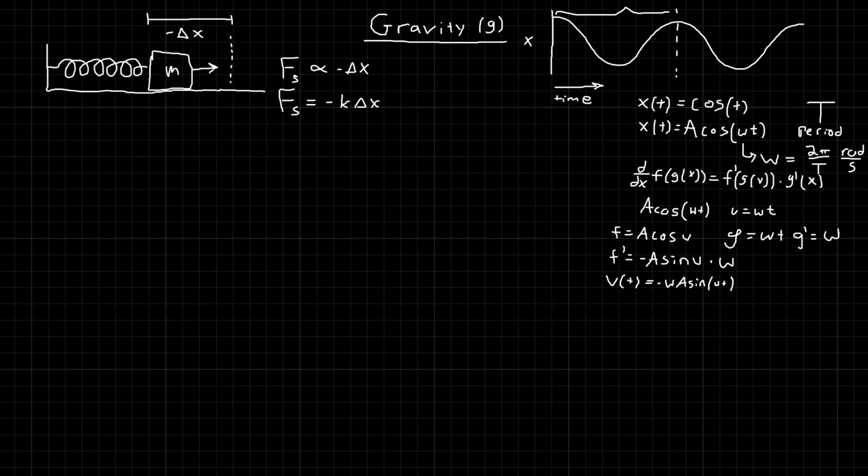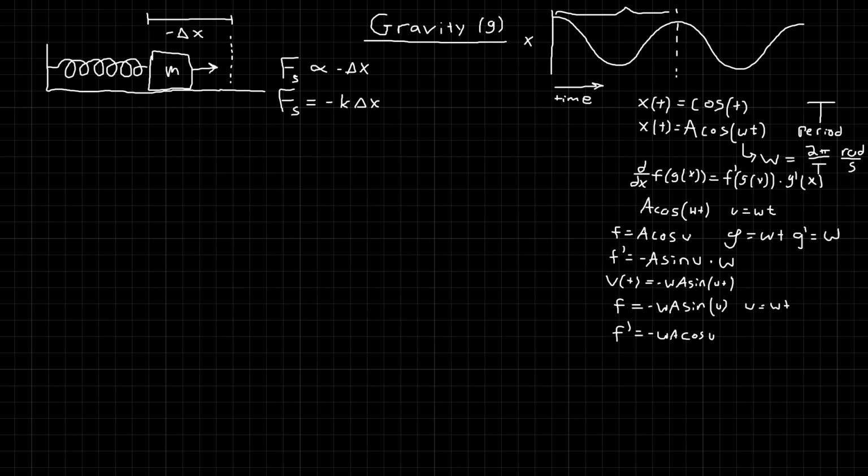But we're going to need to take the derivative again to get to acceleration. So we're going to need to do the same thing using the chain rule. f is going to be equal to negative w a sine u, and u is going to be equal to wt again. So that means that the derivative of f is going to be negative w a cosine u, and that's because the derivative of sine is cosine.